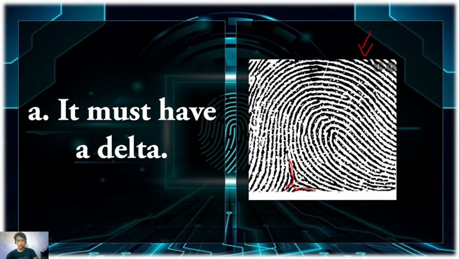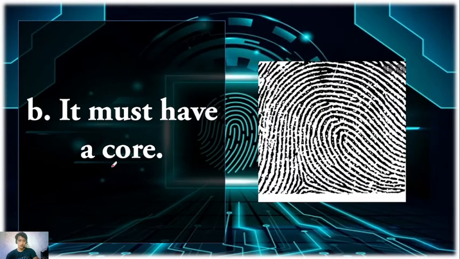It is considered a short ridge, an abrupt ridge ending, so we can use this as the delta. The delta is in this part. So we already have one requisite of the loop.